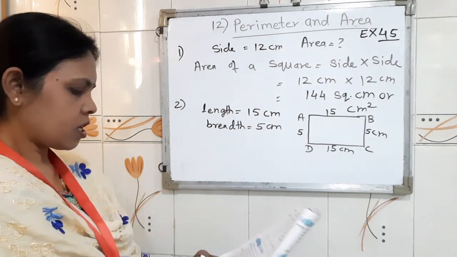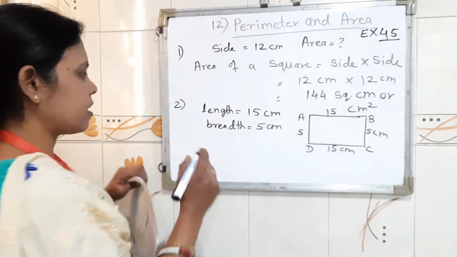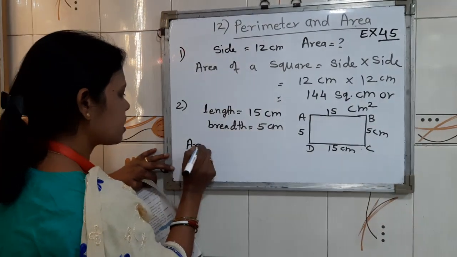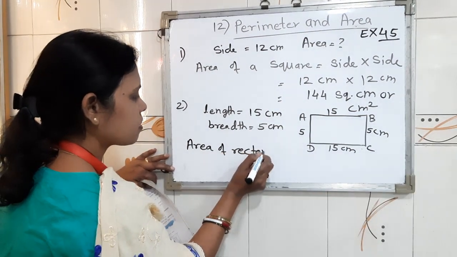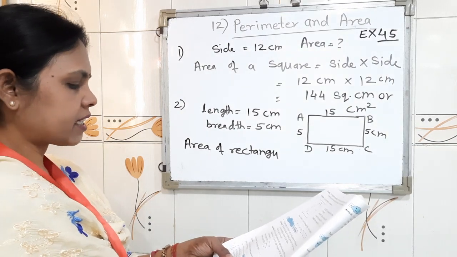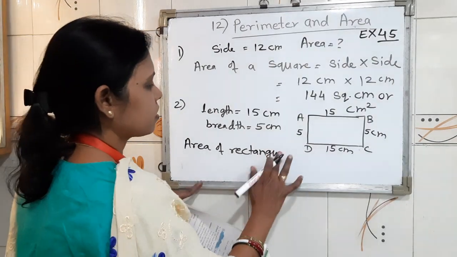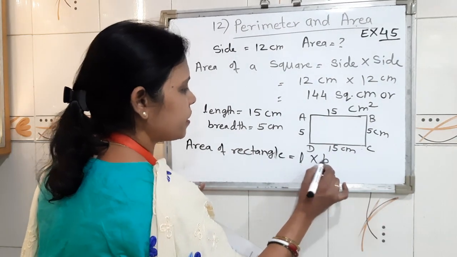So children, now we are going to find out area of rectangle. Write down area of rectangle. Area of rectangle equal to length into breadth.